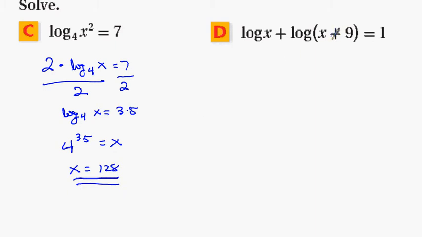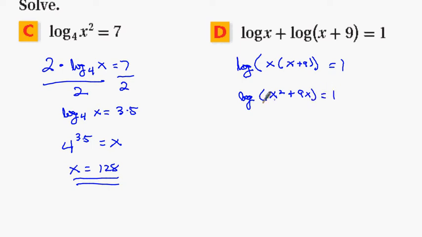Here I have log x plus log x plus 9 equals 1. Using the product rule then, this becomes 1 log, and this is x times x plus 9 equals 1. So this is log of x squared plus 9x equals 1.